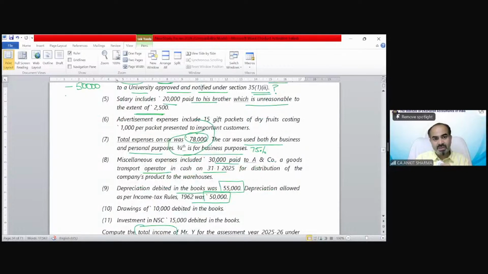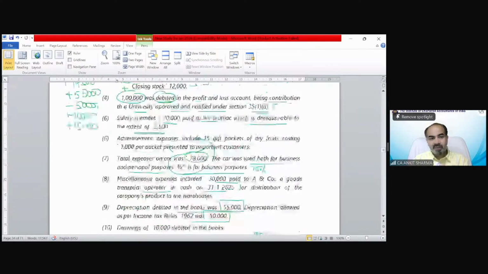Drawings 10,000, that needs to be disallowed. Investment in NSC, debited in the books. So that should be part of my deduction under 80C, but we claimed it as a business expenditure. So that needs to be added back again. No further information is there.